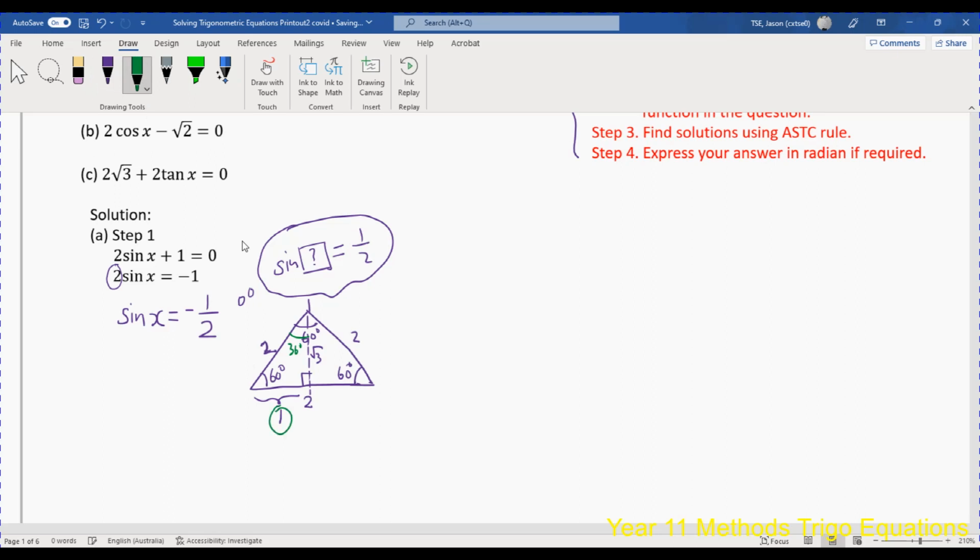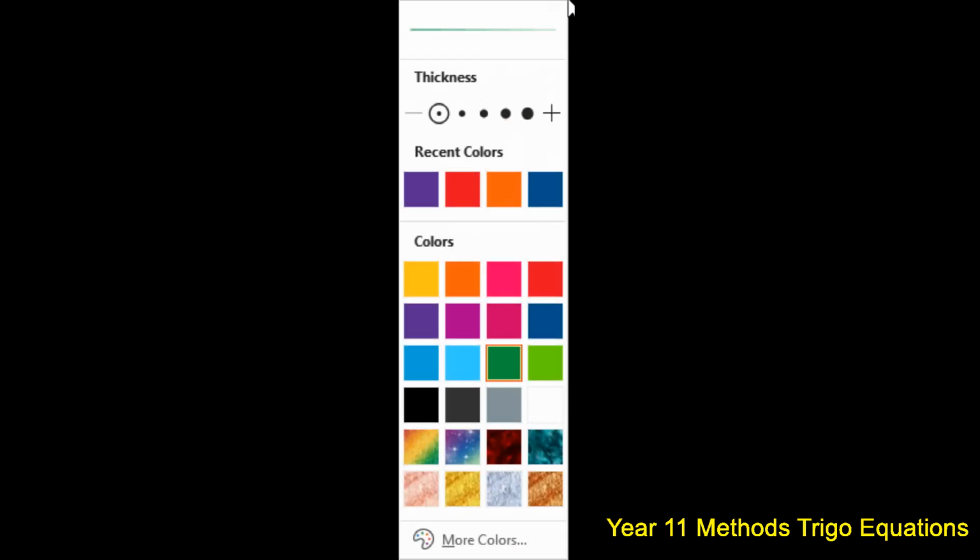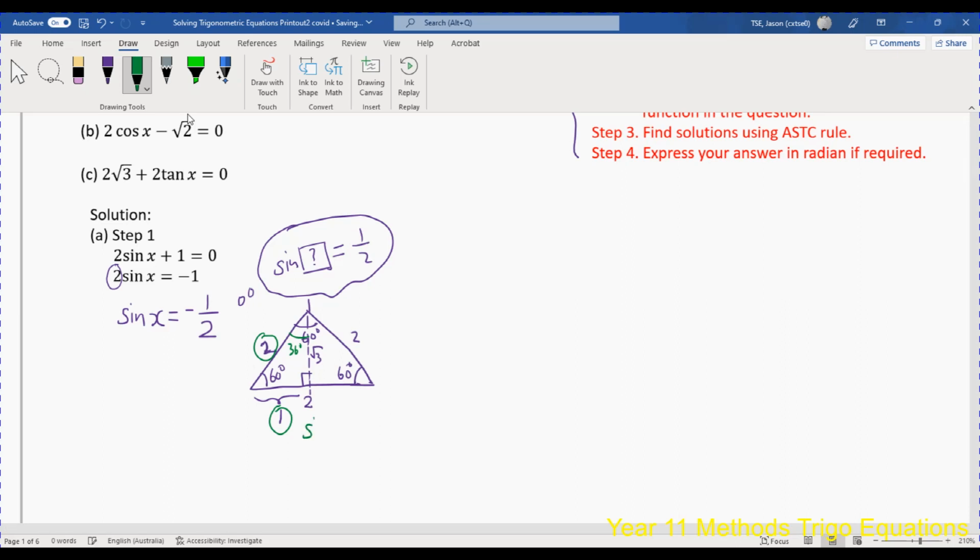So it's 1, it's 2 here. So 1/2 is opposite side divided by hypotenuse for that 30 degree. So then you know, oh, sine 30 equals 1/2, which is good.